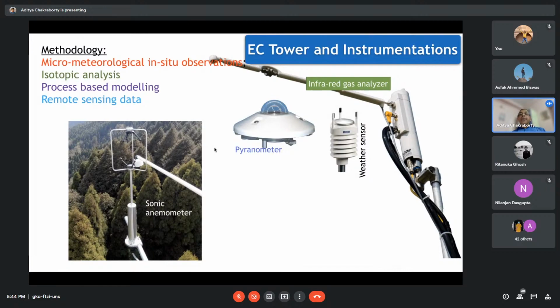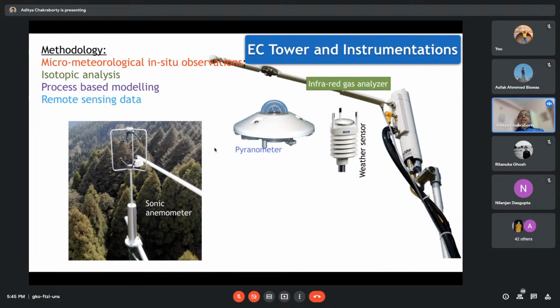This is the main equipment which measures the CO2 and water vapor concentration, and it has a thermometer inside which can measure the temperature, which is used to make a correction when density changes because of changes in temperature, so we can correct and get the true density or concentration values.